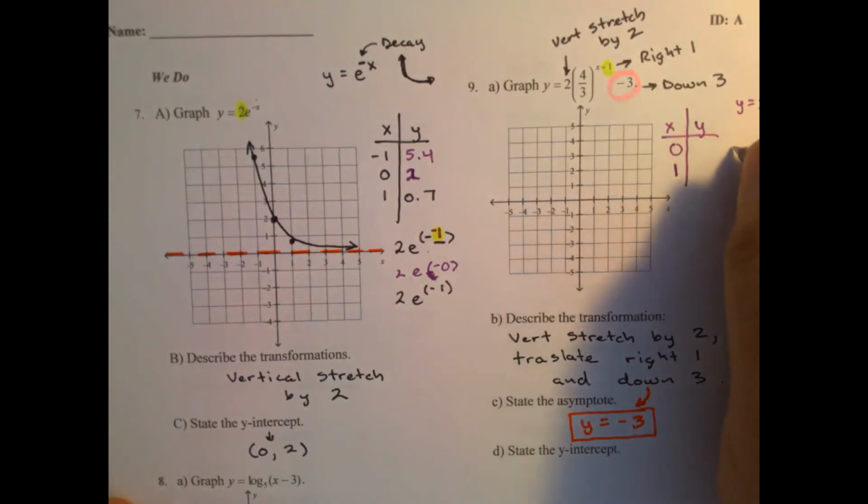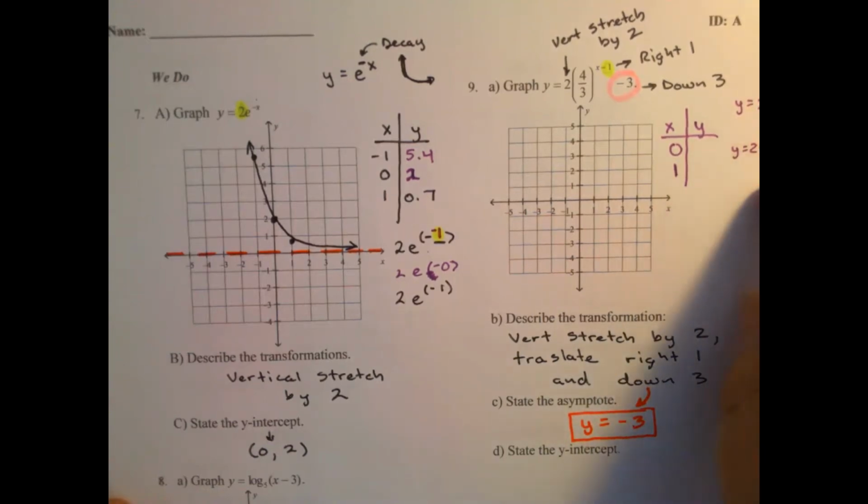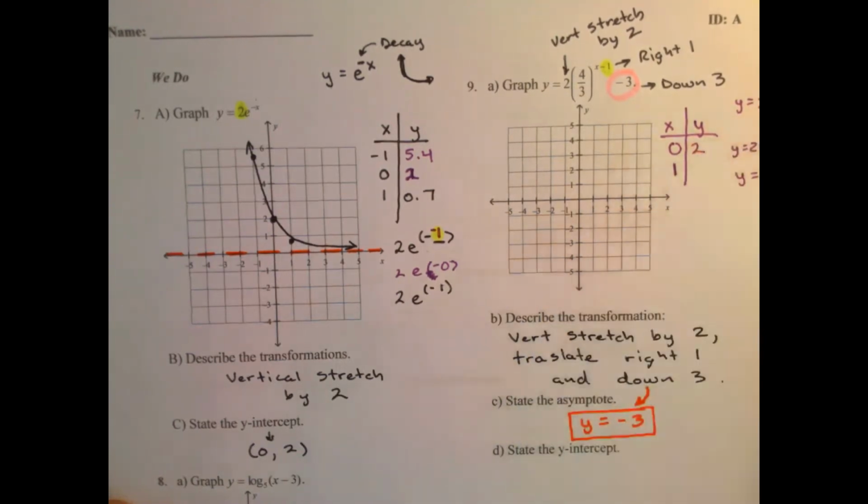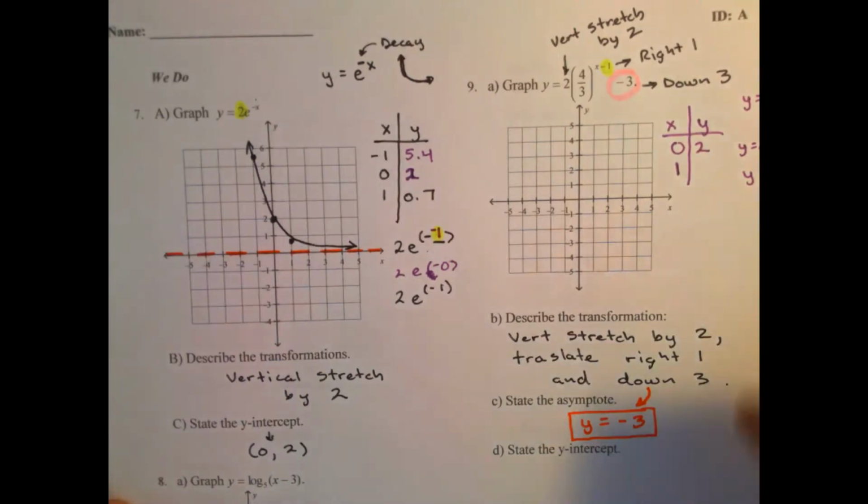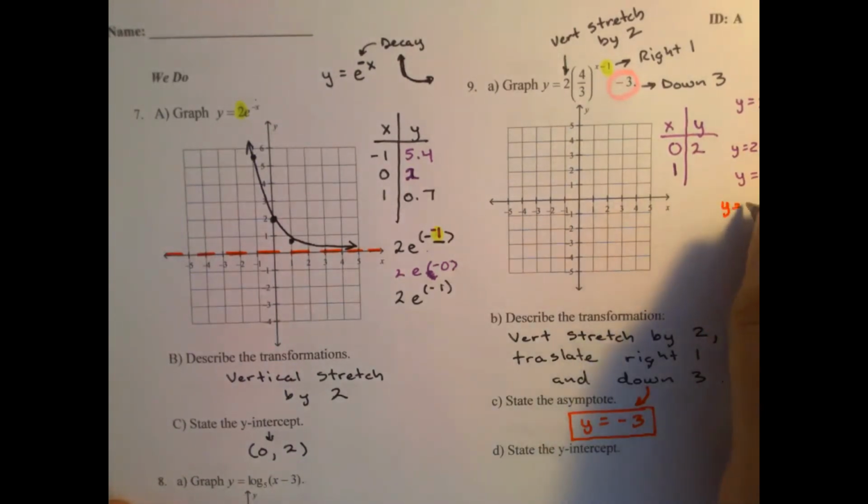I'm kind of using this as a parent with a stretch at the same time. So when we say y is 2 to the, and then 4/3 to the power of 0, well, anything to the power of 0 is 1. So 2 times 1 is just 2. There you go. And then, of course, the other one says y is equal to 2 times 4/3 to the power of 1.